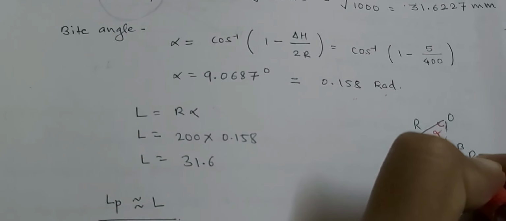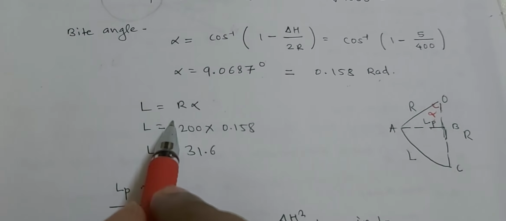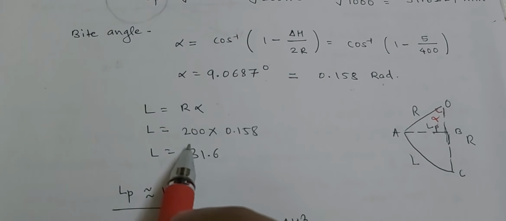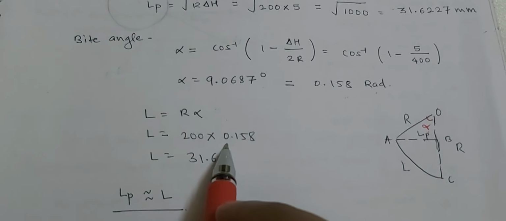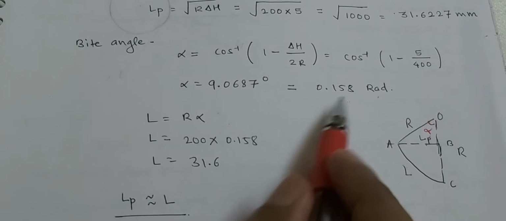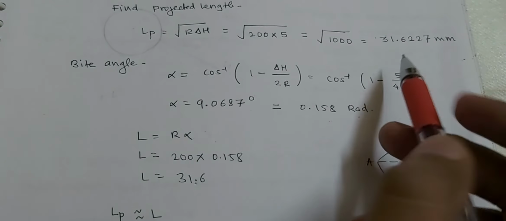So projected length LP is nothing but r into alpha. So my new formula is r into alpha. R is 200, and alpha is in radians, so that's why we have to convert degrees into radians. After calculation you will get 31.6, about the same answer.